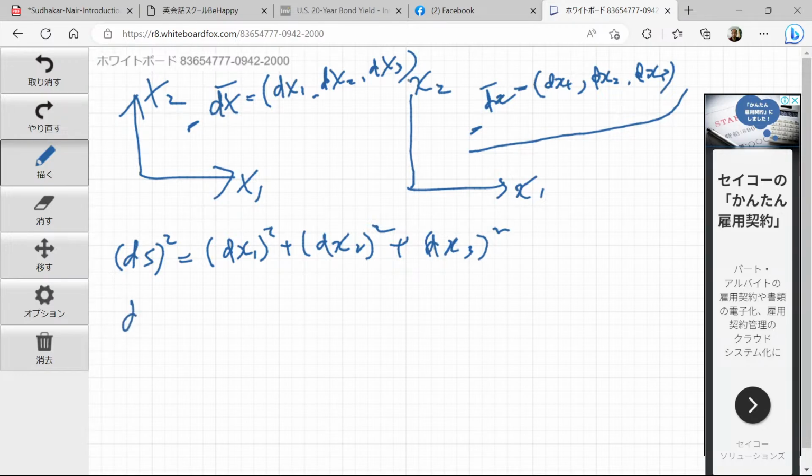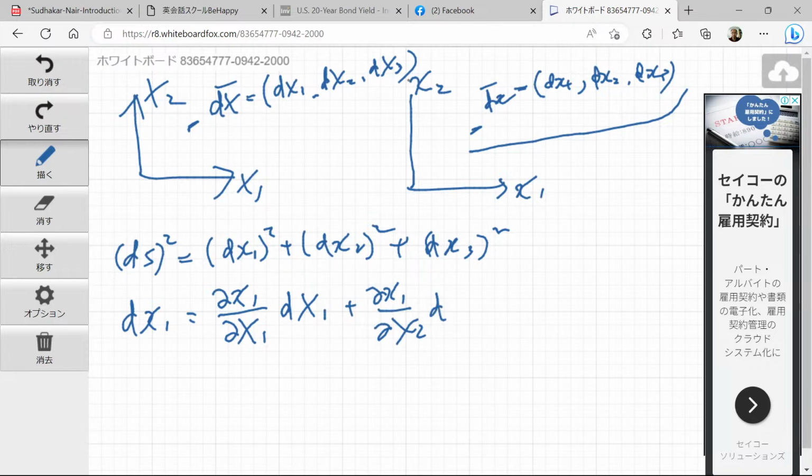Then we consider, for example, dx1. If we consider dx1, this one can be written as partial x1 partial X1 dX1 plus partial x1 partial X2 dX2 plus partial x1 partial X3 dX3.